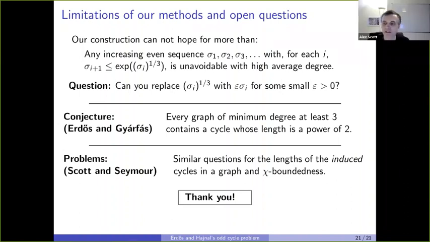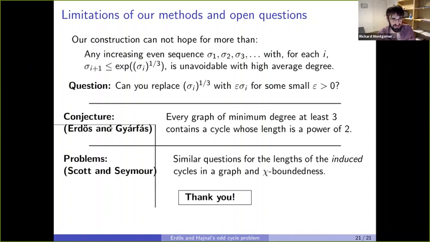Richard, there's a question from Agalos in the chat. If you have a sequence where the sum of reciprocals diverges, is it unavoidable? I have no more information to answer that question than you do from the results that I've stated. We can show, for my last slide, that any increasing even sequences where each next one is at most exponential in the previous one to a 10th are unavoidable.